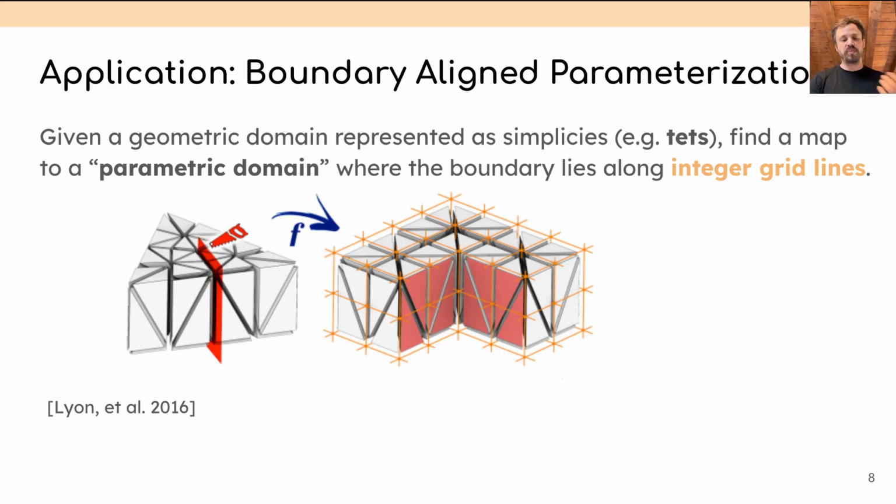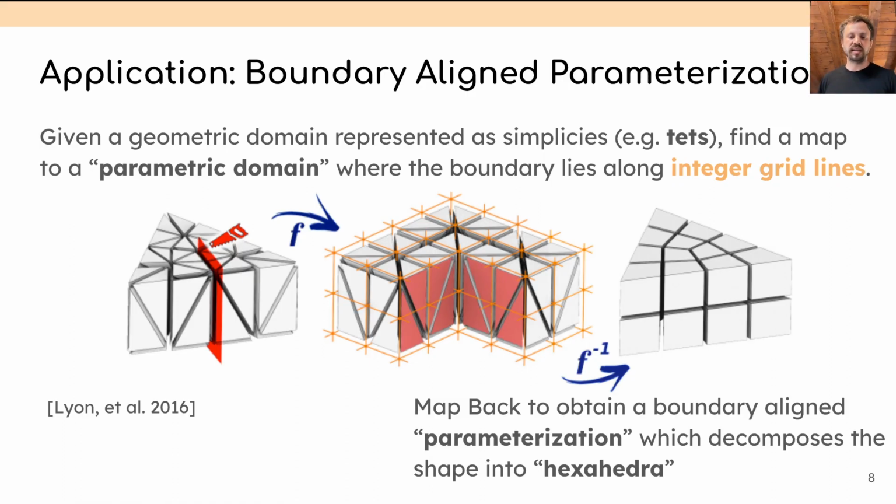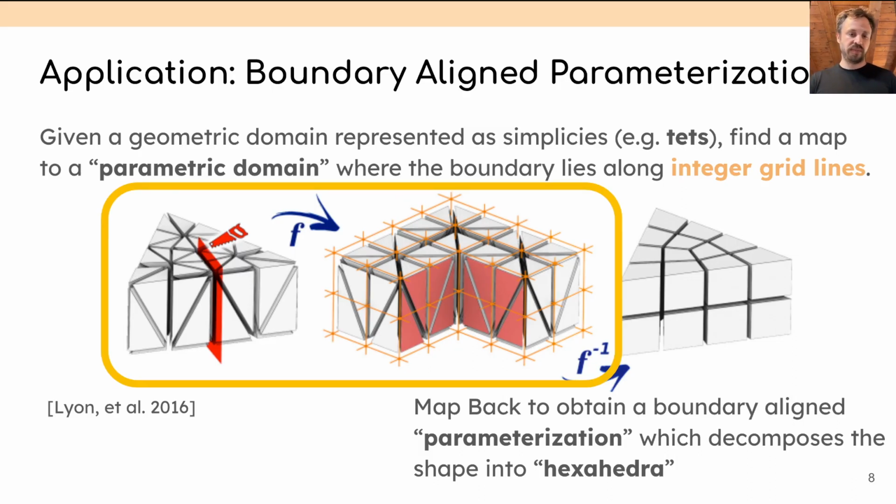And if you can compute such a map F, then you can compute its inverse and send the Minecraft blocks back into the geometric domain. This lets you evenly discretize the original geometric domain into these approximately cube-like shapes called hexahedra. And the key challenge of this task is to compute this original map F.